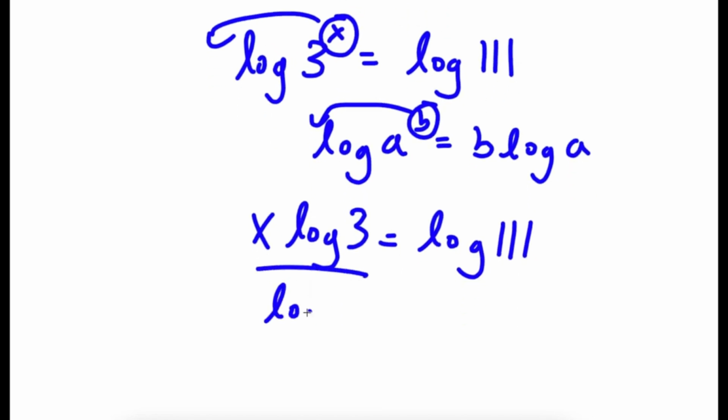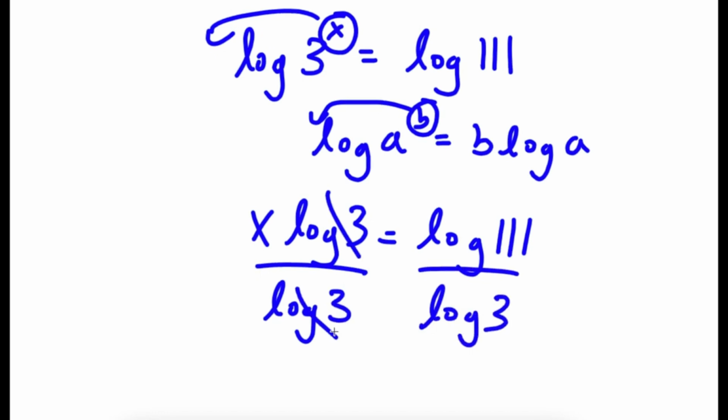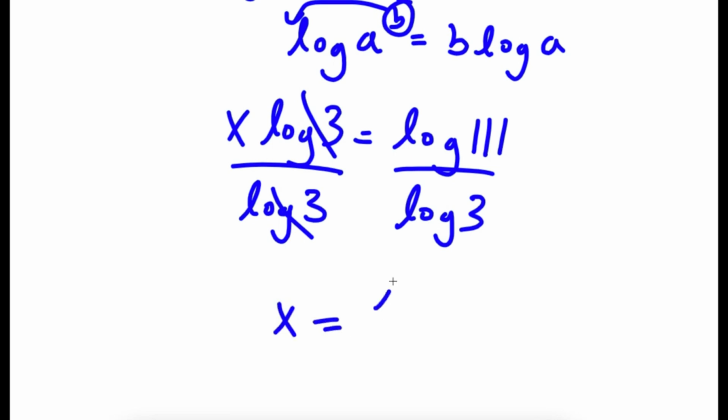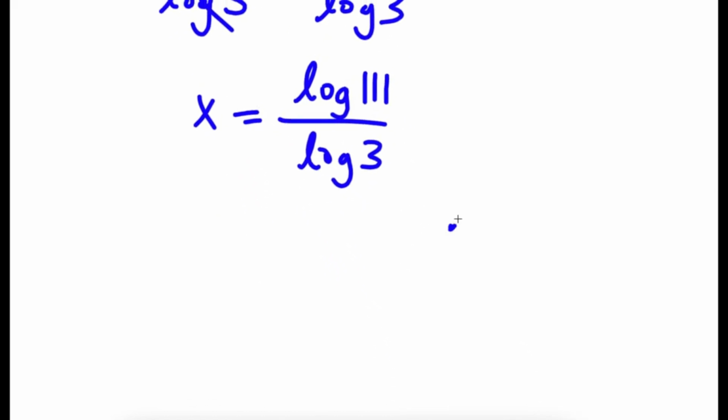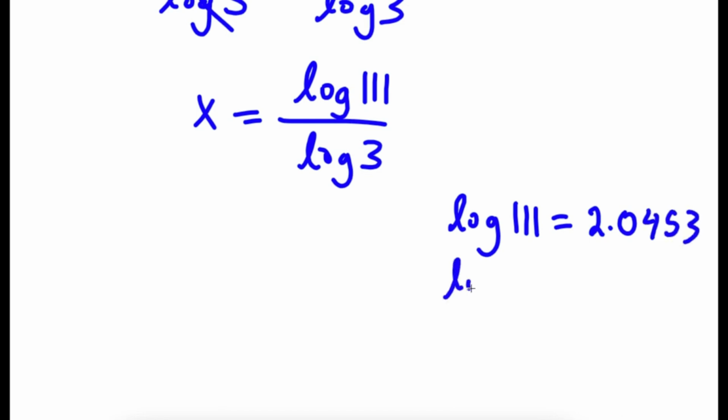Now if I divide both sides by log 3, these two cancel out, and I have x is equal to log 111 over log 3. Now, log 111 is equal to 2.0453, and log 3 is equal to 0.4771.